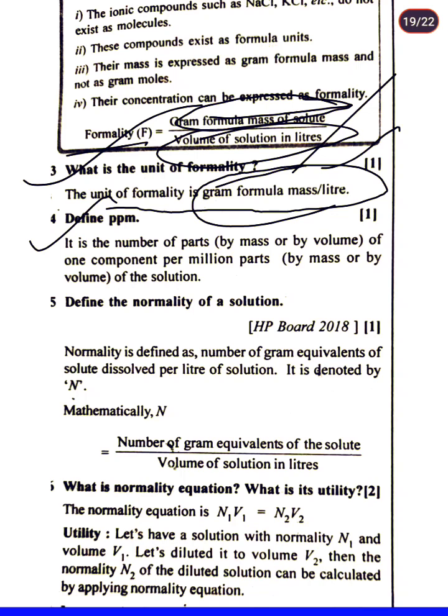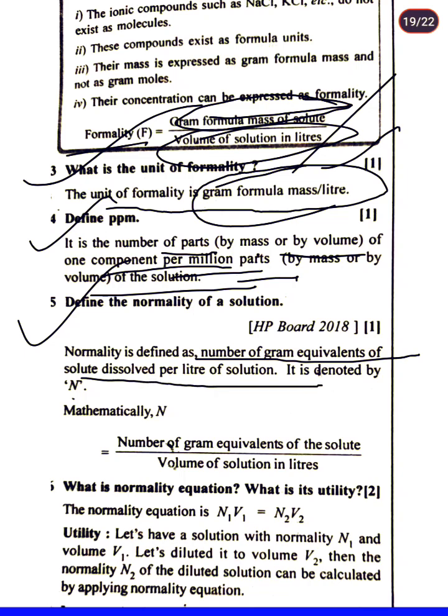PPM is parts per million parts. It is the number of parts by mass or by volume of one component per million parts by mass or by volume of the solution. Next is the term normality. It is defined as the number of gram equivalents of a solute dissolved per liter of a solution.